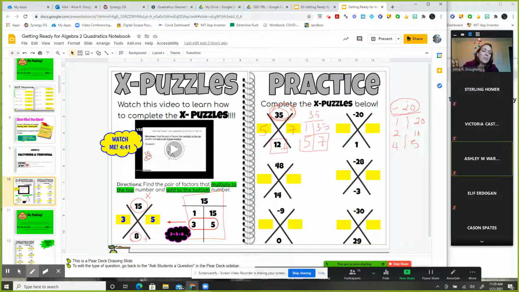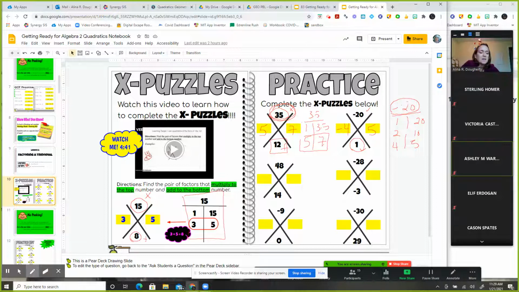And because I want to end up with a positive 1, the bigger number has to be positive. So positive 5 and negative 4, do they multiply to negative 20? Negative 4 times 5 is negative 20, so that works out. And negative 4 plus 5 is positive 1, so that works out.